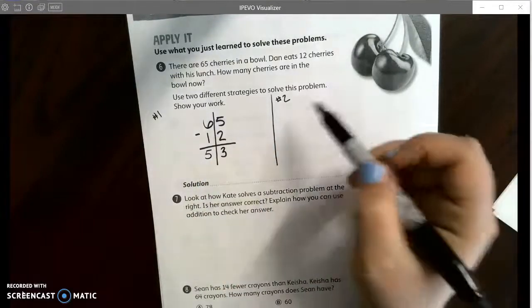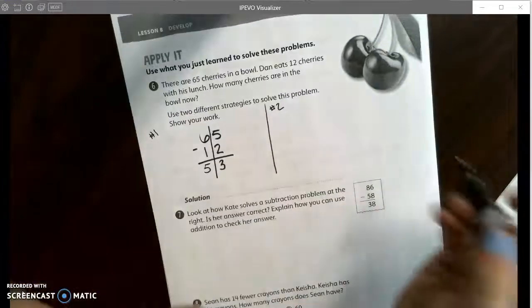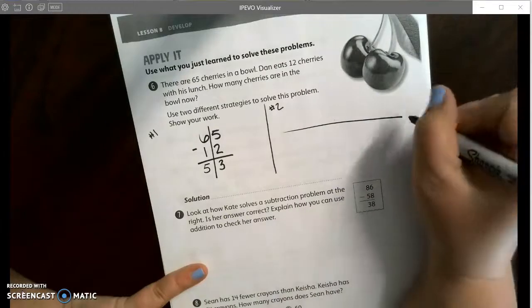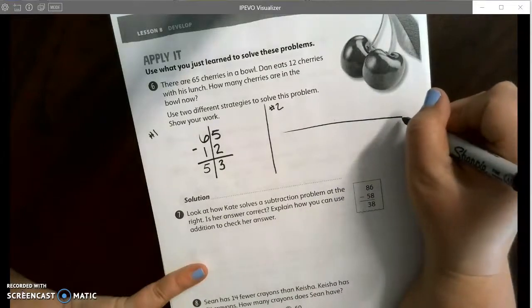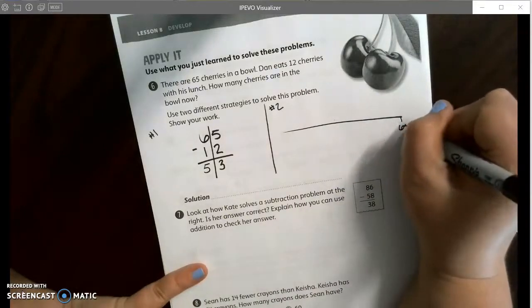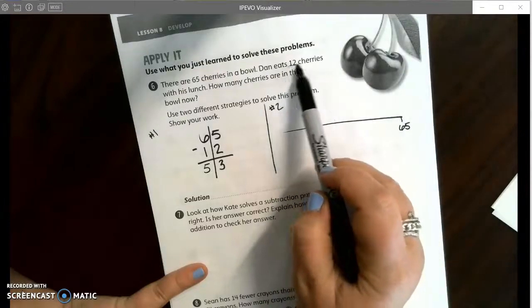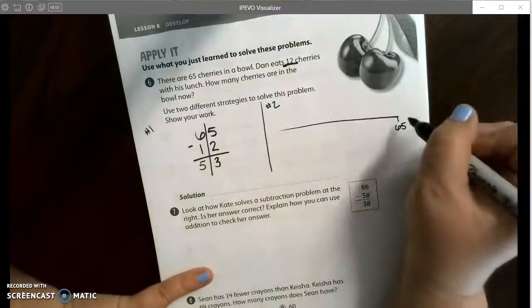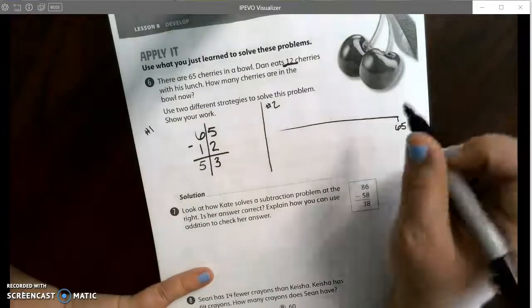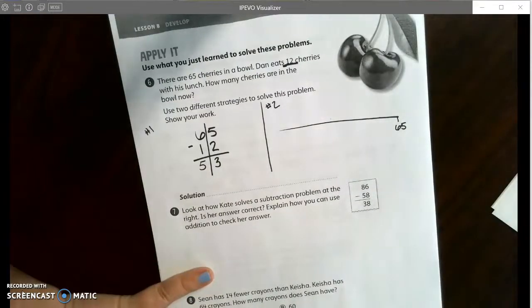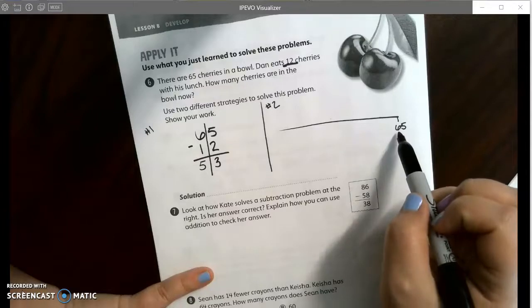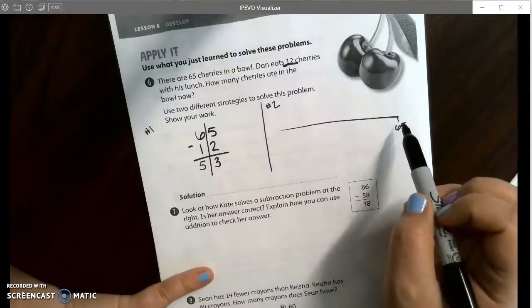Okay. Solution number 2, I'm going to use a number line. I am going to start at 65, and we're going to go back 12. So my subtraction is 12. I'm going to maybe confuse you. Hopefully not. You can do this a couple of different ways.